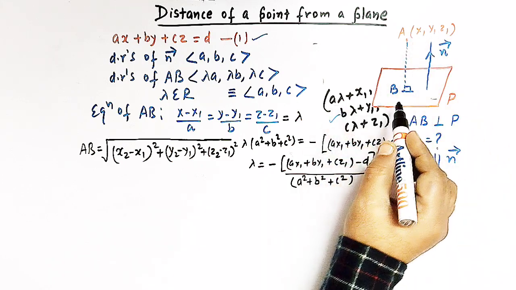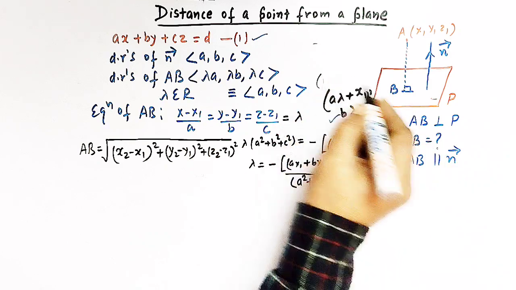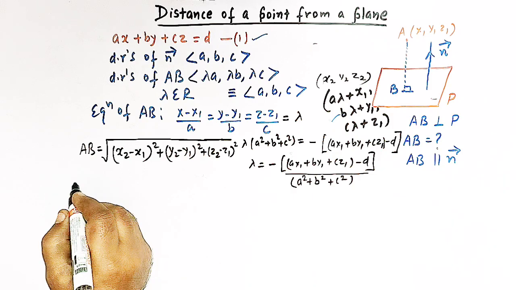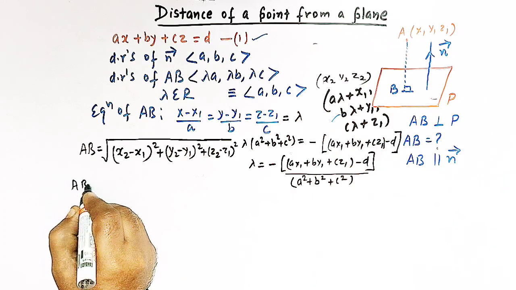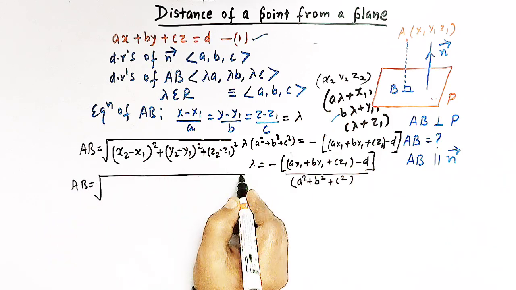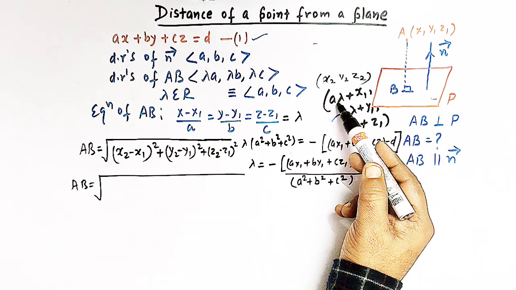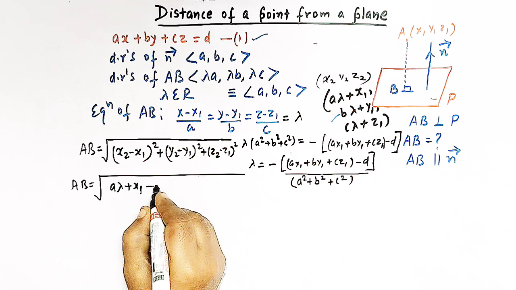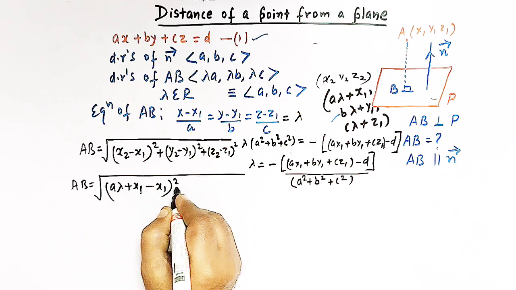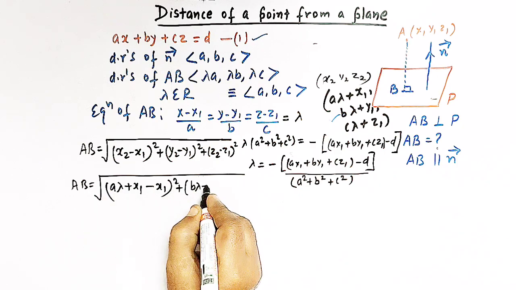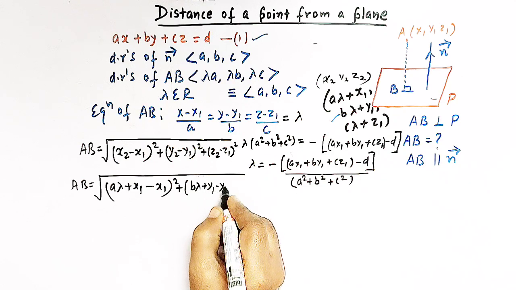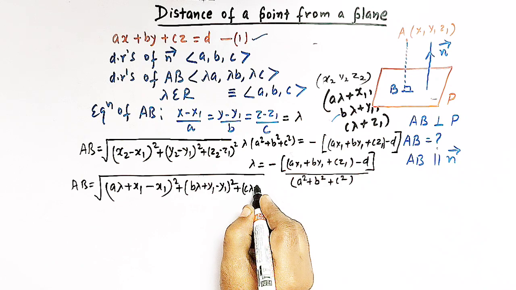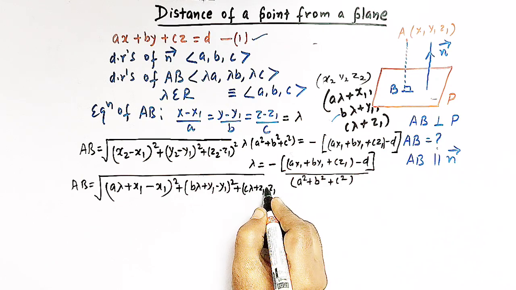So we can take the coordinates of this point B as x2, y2, z2. So we can now write AB is equal to square root of x2 minus x1. So x2 is a lambda plus x1 minus x1 and square. Then we have b lambda plus y1 minus y1 square, and then we have c lambda plus z1 minus z1 whole square, right?